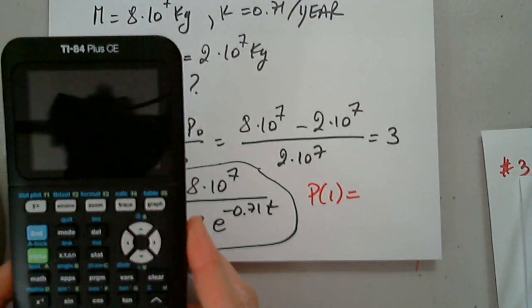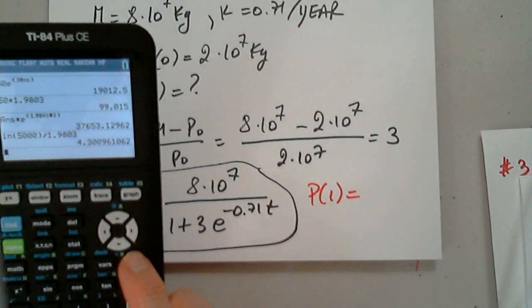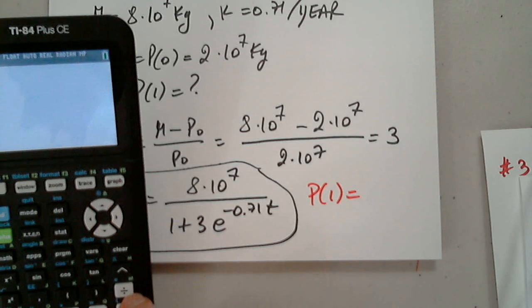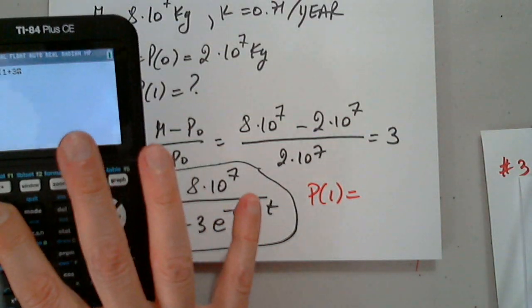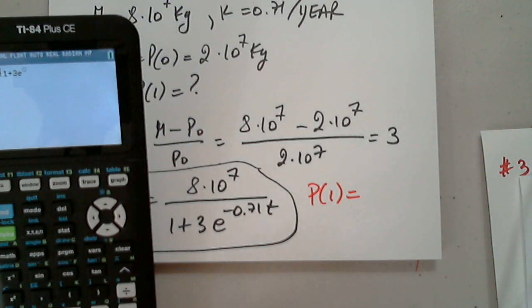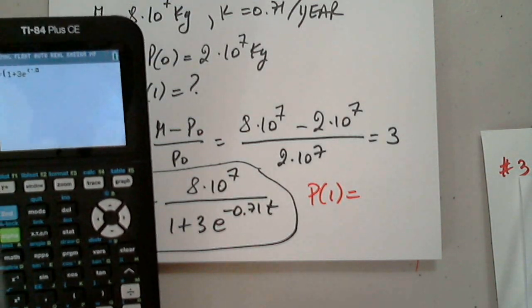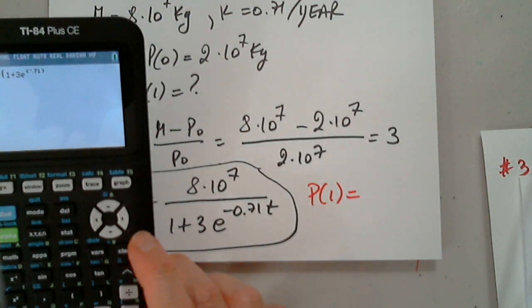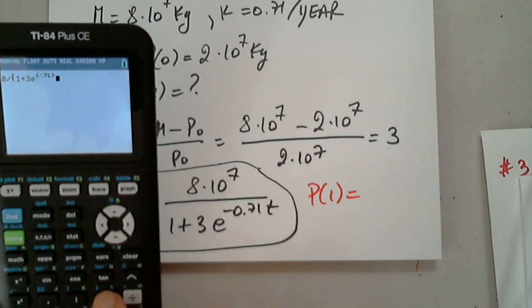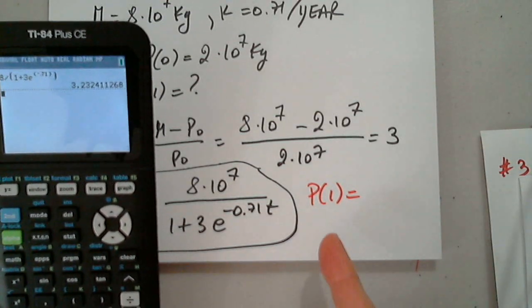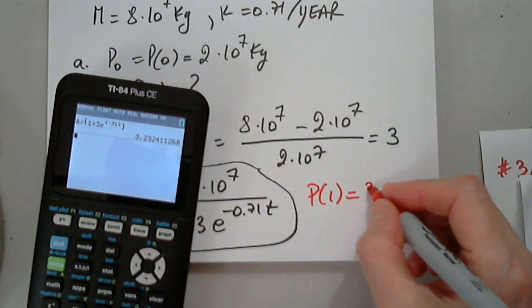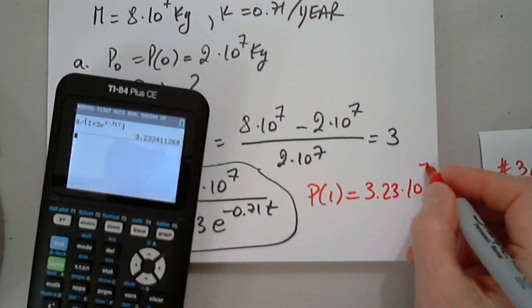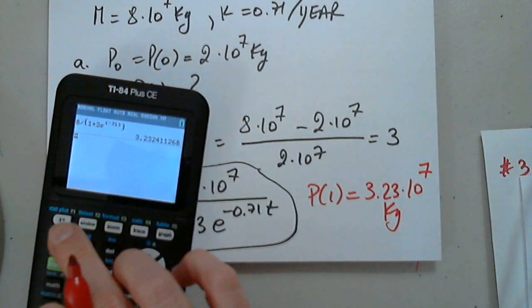So with the graphing calculator, I will type in 8 divided by, in parentheses, 1 plus 3 e to negative 0.71 times 1. Close the parenthesis for the power, close the parenthesis, and then don't forget to multiply this by 10 to the 7th. So 3.23 times 10 to the 7th, of course, kilograms.